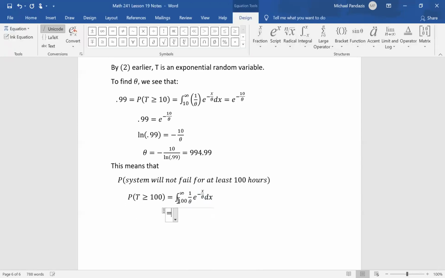And we know what theta is because we found it here. It's this. So I'm going to plug in theta. So the improper integral from 100 to infinity of 1 over 994.99 e to the negative x divided by 994.99 dx.